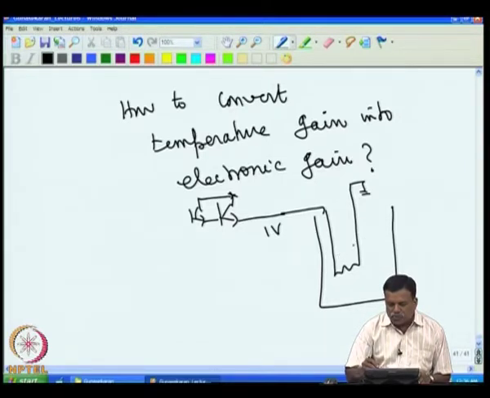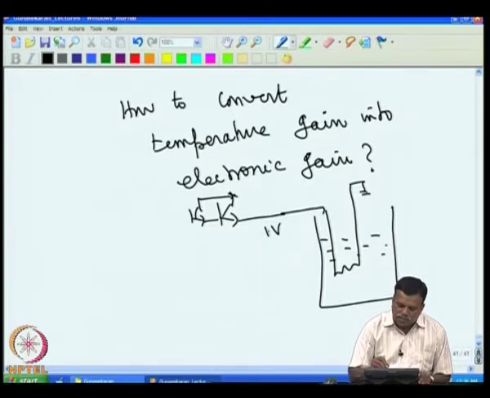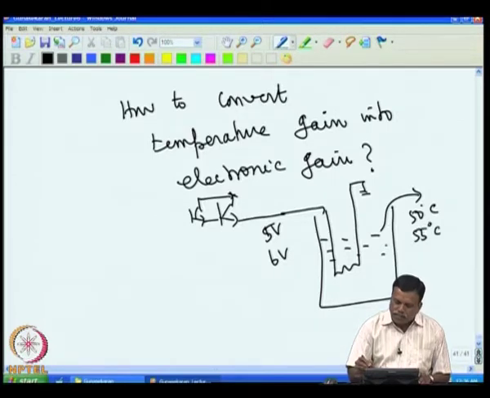Now, for example, 1 volt change may raise the temperature, and the temperature goes up and stabilizes. Originally it is say 5 volt, then temperature at this point was say 50 degree, then I give 6 volt, then temperature will go a little higher and stabilize, assume that it is 55 degree. That means, at 55 degree it stabilized, because the heat coming in is equal to heat going out.